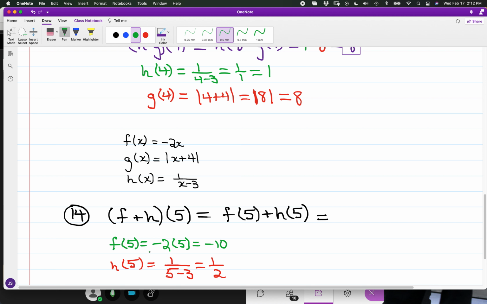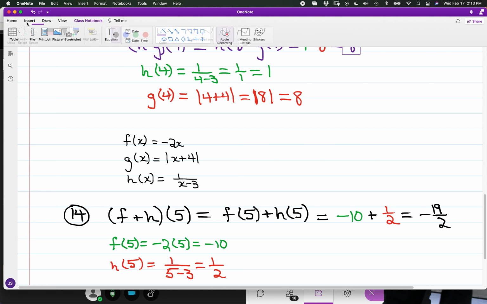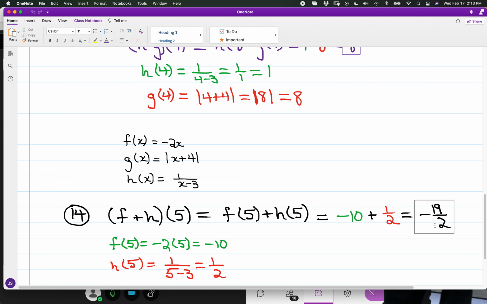So filling in the specified values, we're going to have negative 10 plus 1/2, and that is going to be equal to negative 19/2. So we're going to have a negative non-integer in the result, and you can write that as a negative fraction or decimal or mixed number. Any way that you cut it, any variation of negative 19/2, whether it's negative 9.5 or a mixed number, that will be correct.